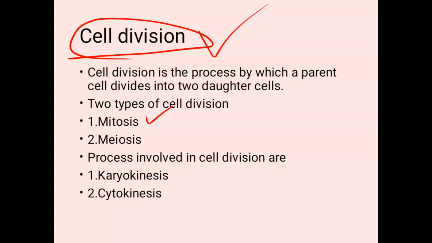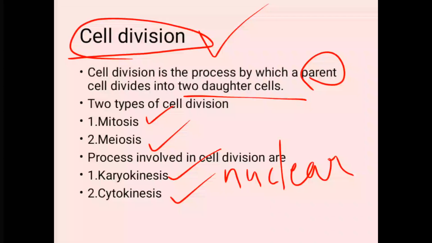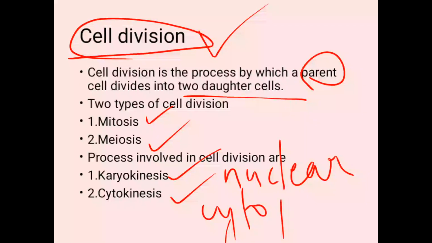One is mitosis, second one is meiosis. Wherever cell division is occurring, the parent cell gives two daughter cells. The processes involved in cell division are karyokinesis and cytokinesis, nuclear division and cytoplasmic division.